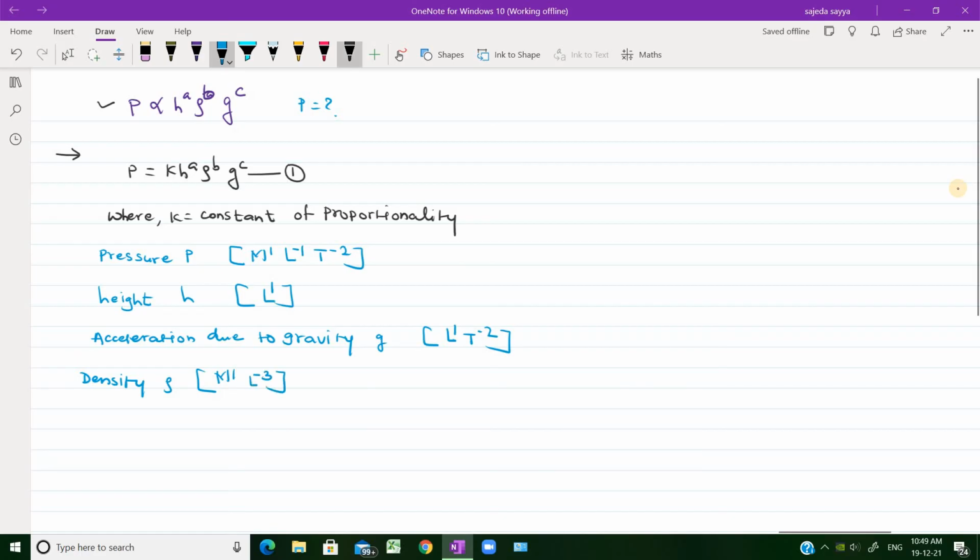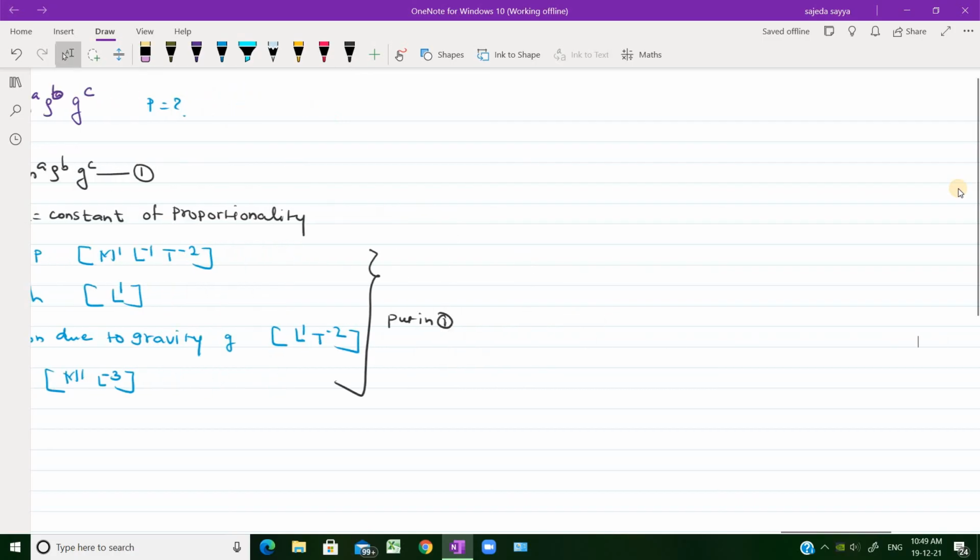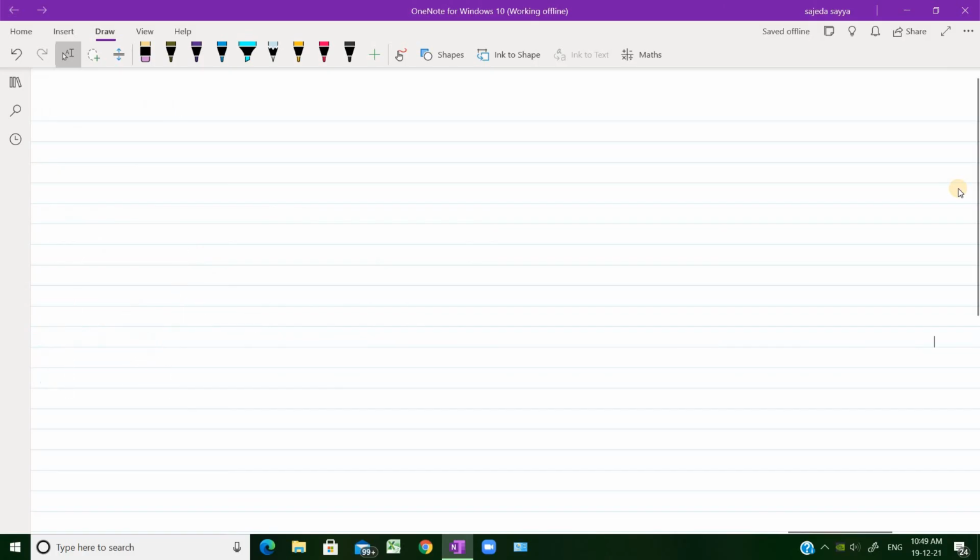Now putting all these dimensions in equation 1, let us substitute.